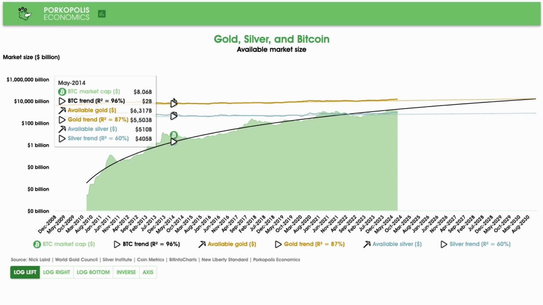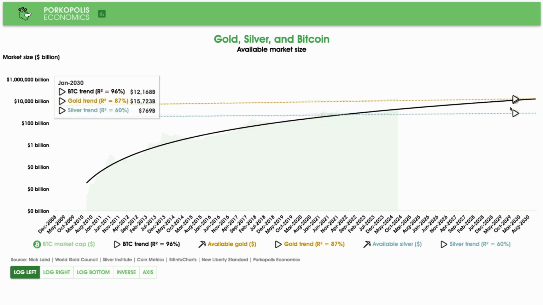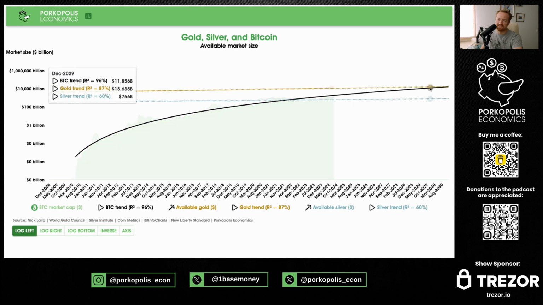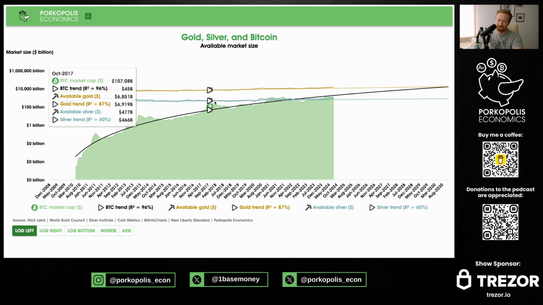That's how you know that the trend lines that I'm drawing for gold and silver are exponential, as opposed to the trend line that I'm drawing for Bitcoin. That is power. So on a log linear scale, we can see that gold and silver have exponential trend lines, while the nature of Bitcoin's growth is a power trend. And so it's very interesting from this point. We can project out. That's one of the beautiful things about trend lines.